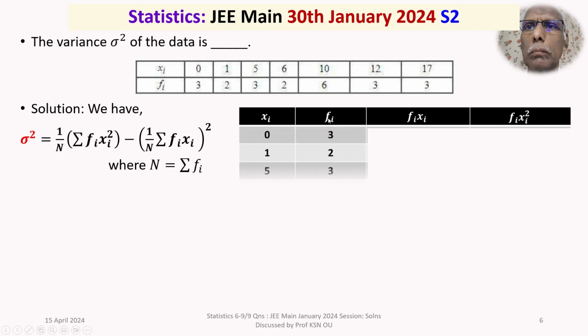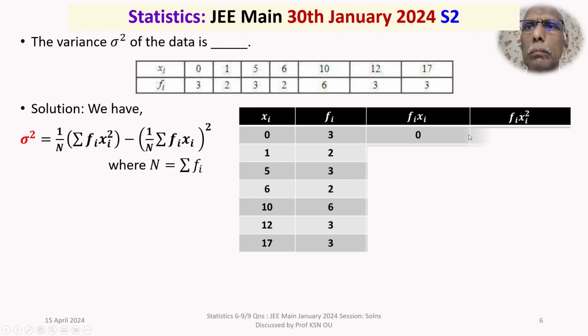So that is the table we have jotted down here. Now multiply. Fi Xi, 3 into 0, 0. Fi Xi square, 3 into 0 square is 0. And now Xi is 1, Fi is 2, Fi Xi is 2, Fi Xi square, 1 square is again 2.